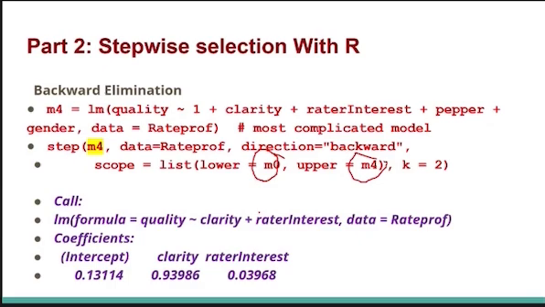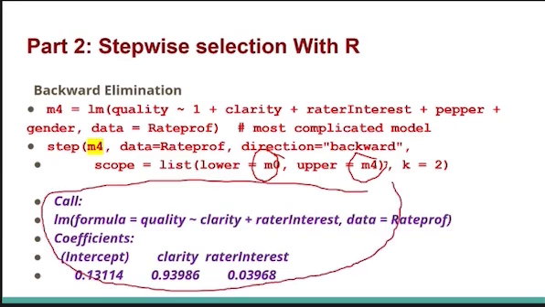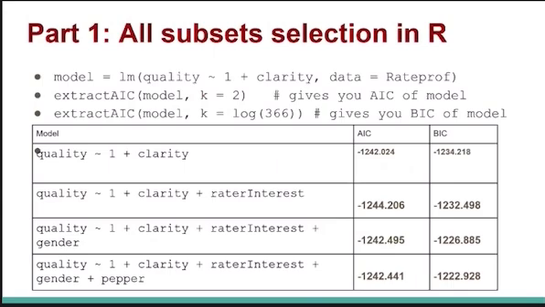And look at what R automatically gives me. It says the best model according to the backward elimination is when you consider clarity and rater interest. For the all subset selection on the same data, let me see the smallest one here.